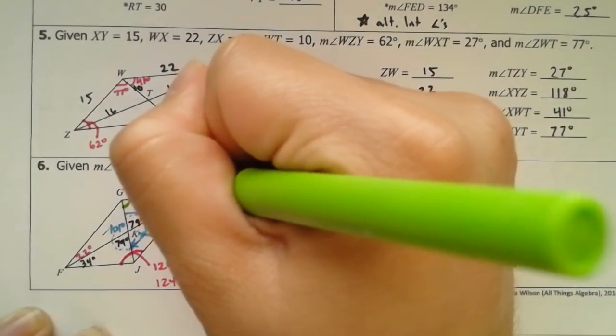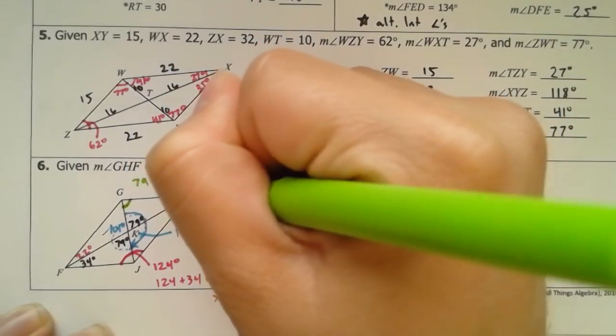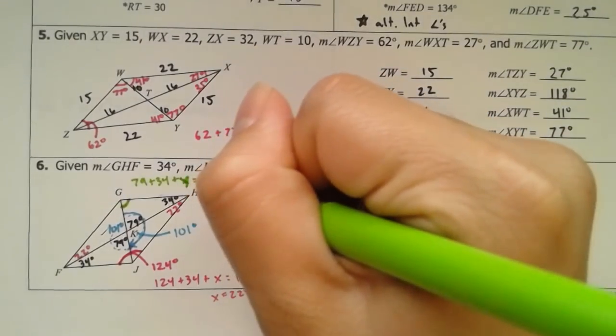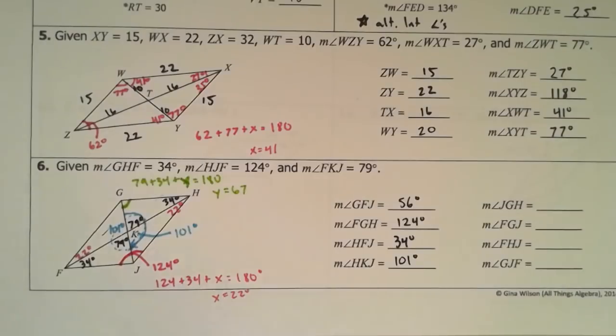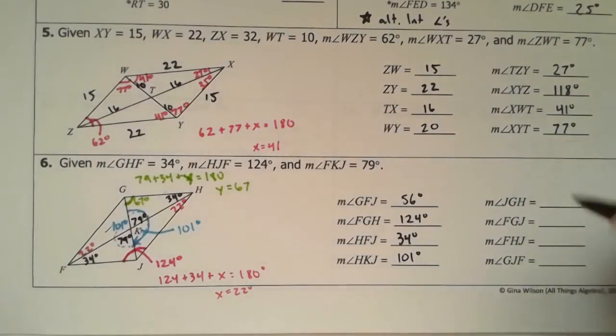Let's call it y, because I already used the x, equal to 180. We find that that angle there is equal to 67. So y is equal to 67 degrees. This one here is 67. So we have this one.